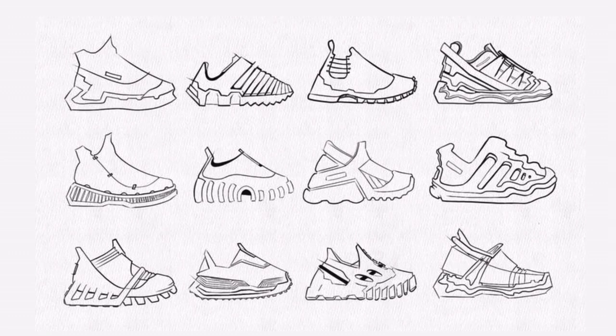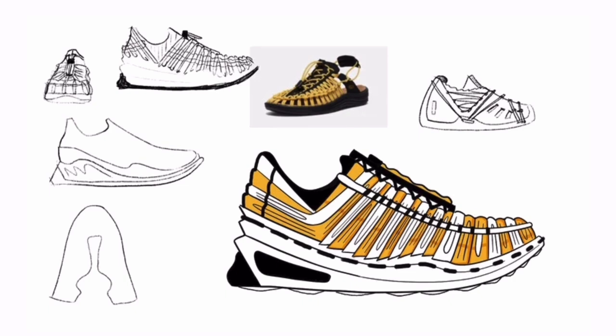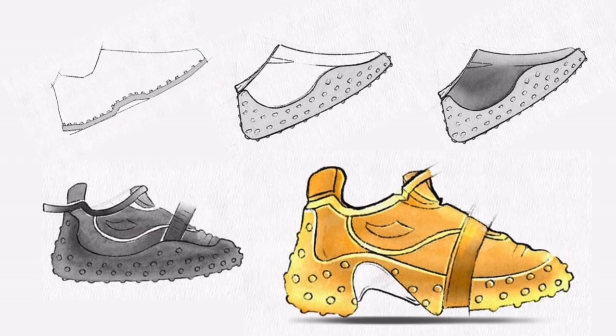One was a knit shoe that could be fully automated and custom sized. And then I explored a fully 3D printed Keen shoe and just what that could look like. And while both of these were intriguing, I felt like there was still something further to explore and that I needed to push through these more obvious answers.